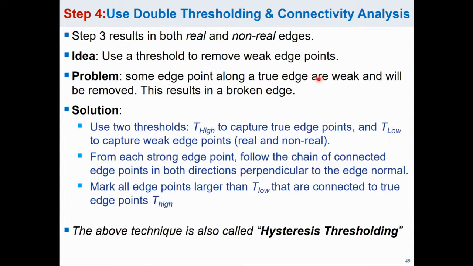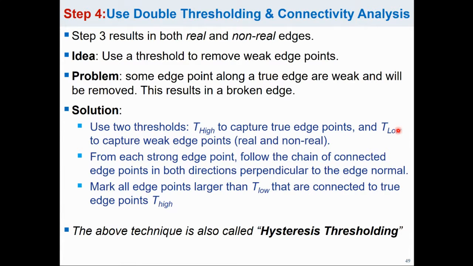So we will have points that are detected by T high, and there are points detected by T low. If I can go from one T high point to another T high point using the T low, then those are all edge points and they become part of the output. If I can't go from a T high to another T high using the T low points, then these points are not on an edge and they are removed.